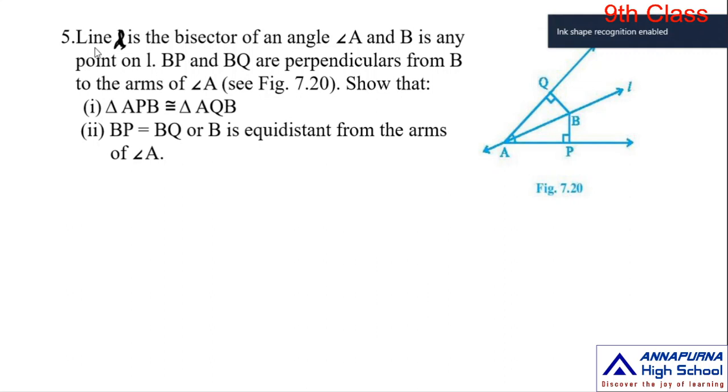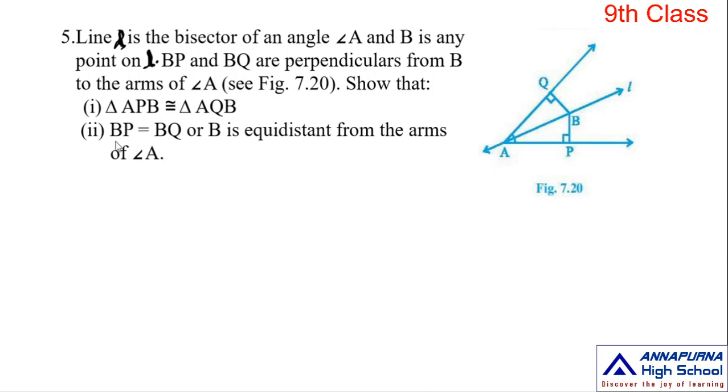Next, fifth problem. Line L is the bisector of an angle A and B is any point on the line L. BP and BQ are perpendiculars from the point B to the arms of angle A. See the figure 7.20.